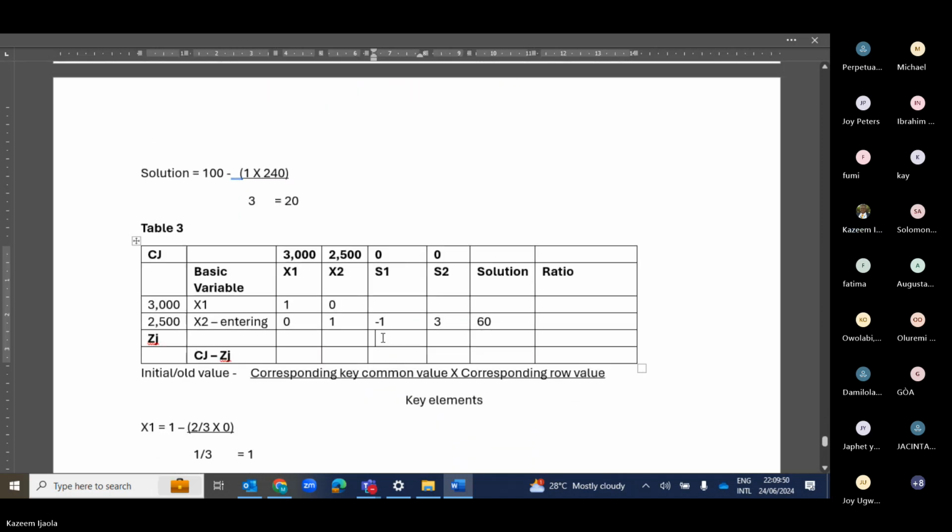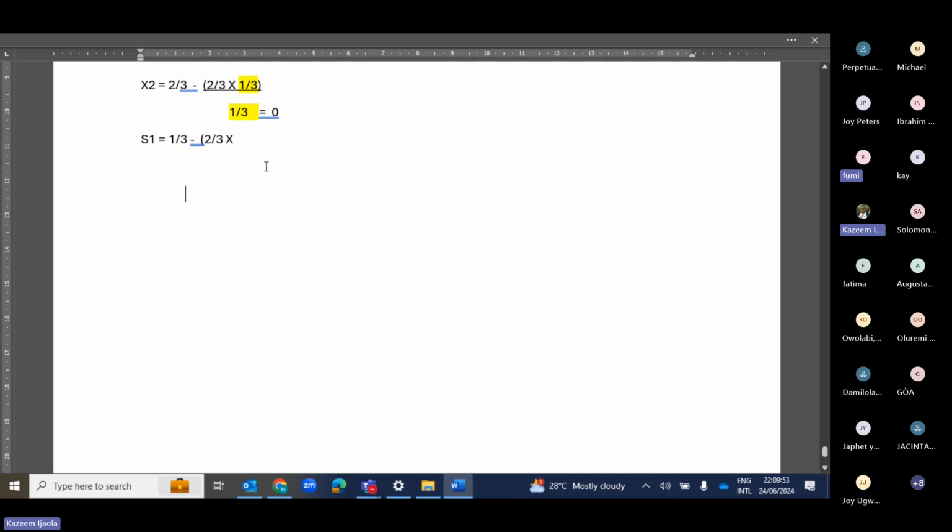Minus multiplied by minus 1 over 3. Then you divide it by the key something. That's 1 over 3. So what is this one mathematically? Minus 1.